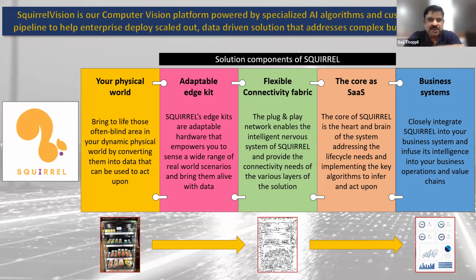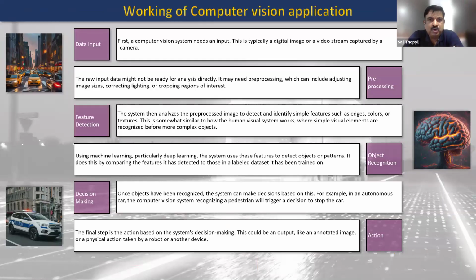Now, we've seen these layers, right? Now, let's go back and look at some real world scenarios. We want to see how this computer vision is working. You could visualize a scenario like this, right? You have traffic lights, and you somehow want to have a sense of the traffic at this traffic light and intelligently control some of the signals.